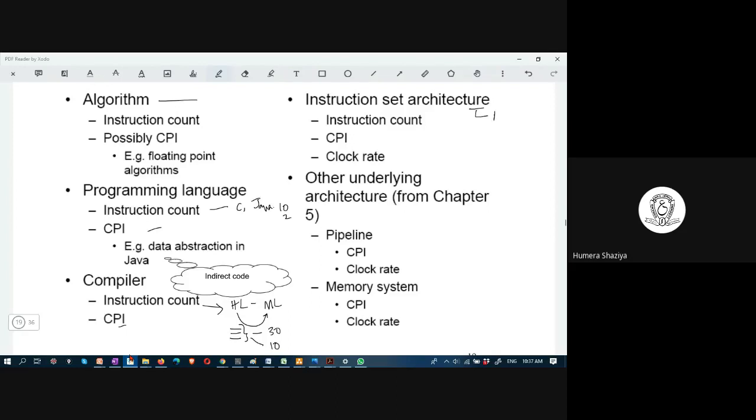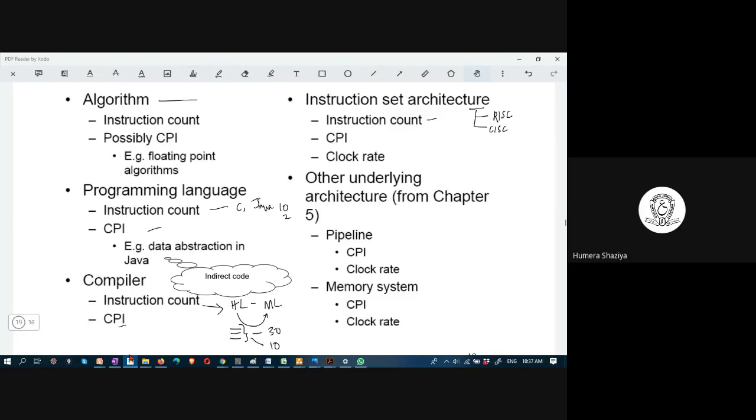If it is RISC, it will have fewer instructions. If it is CISC, you will have more instructions. So the instruction set format the computer architecture belongs to also influences this performance.